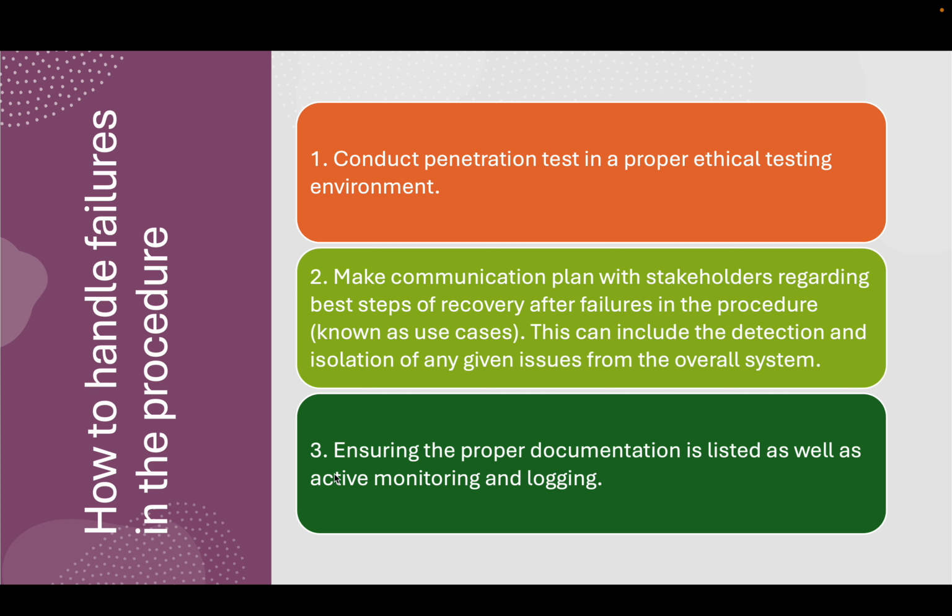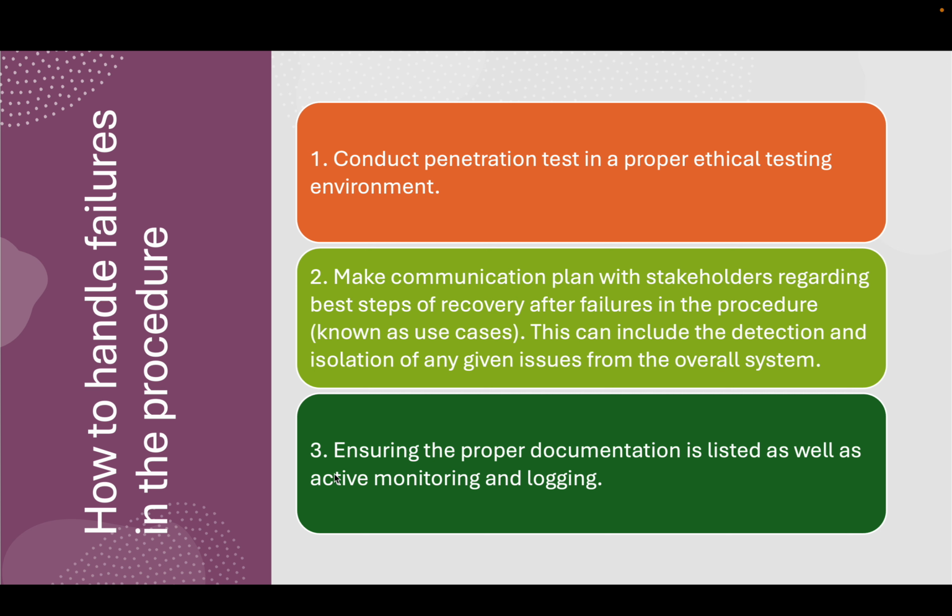In terms of failing in the procedure, the best thing to do is, one, conduct penetration testing in an ethical environment because it makes it easier to control. If you have a timeline with stakeholders, having a communication plan is very important because it saves time after the recovery of what needs to happen post procedure and keeps them in the loop.